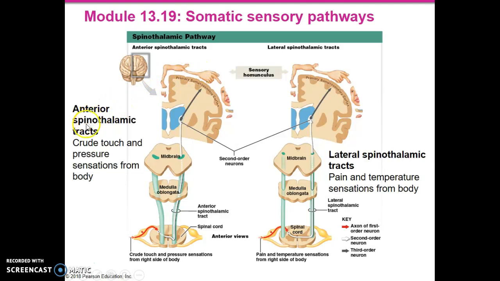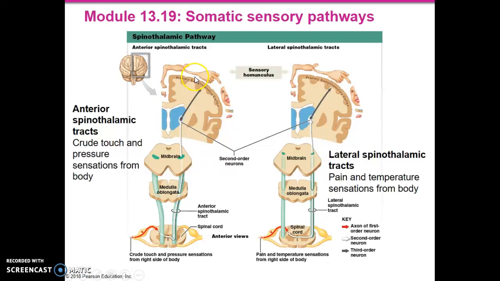There is an anterior spinothalamic tract for crude touch and pressure sensations from the body, and a lateral tract for pain and temperature sensations from the body. So they travel up to the appropriate region in the cerebral cortex, to the appropriate area of the primary somatosensory cortex.